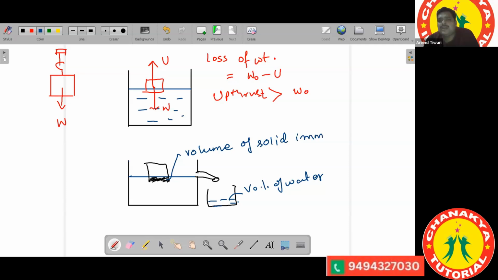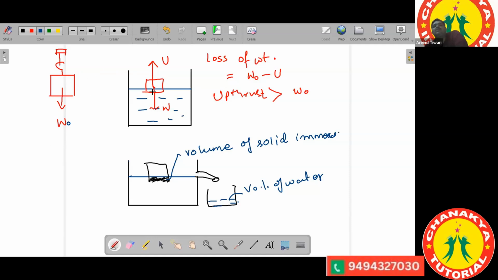Okay. Any doubts here? Abhinav, understood this? Yes, sir. See, we have done the same experiment, but we are looking at two things. First of all, we are looking at the block. We weigh the block in air, and let us say its weight is W naught.